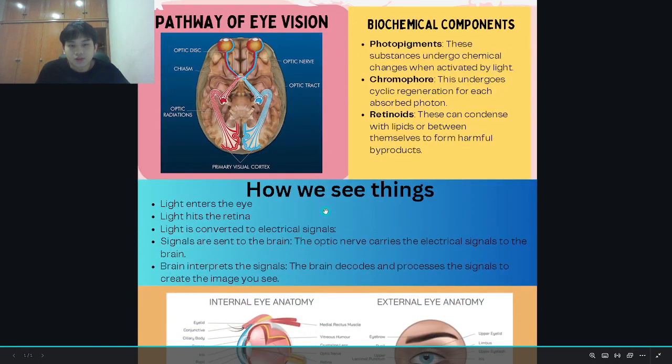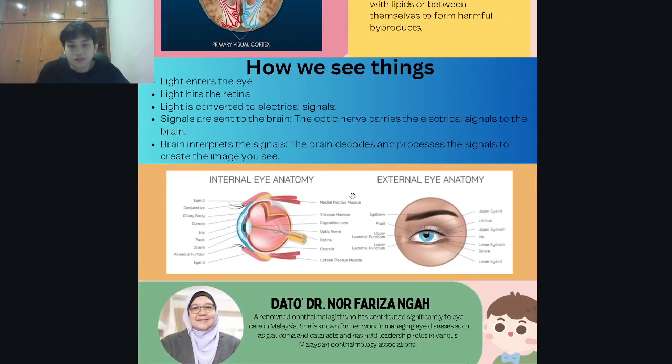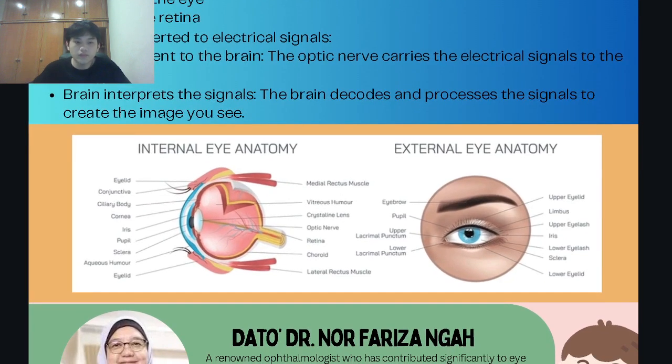First I'll be talking about the anatomy of the eye. The internal eye anatomy can be differentiated into a lot of parts. Let me talk about the cornea first.